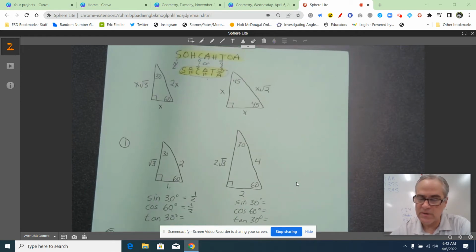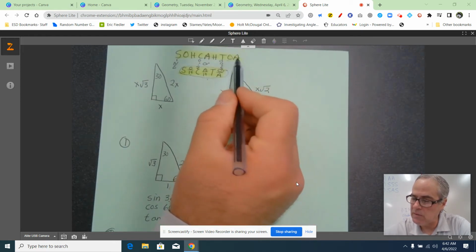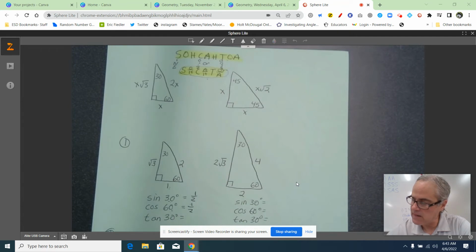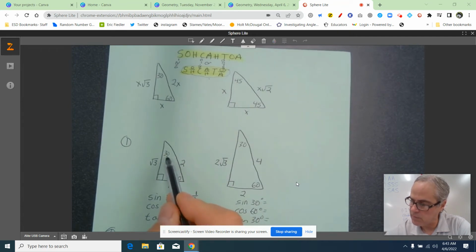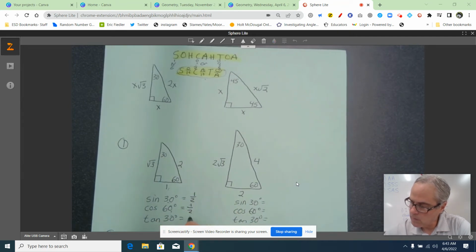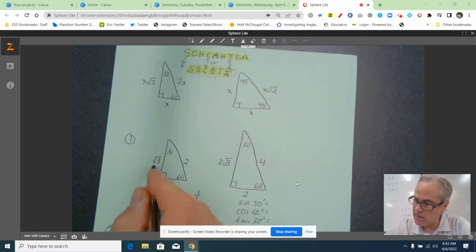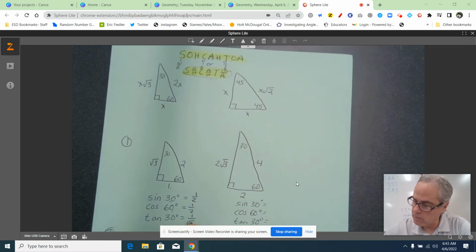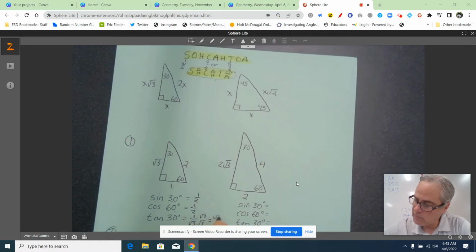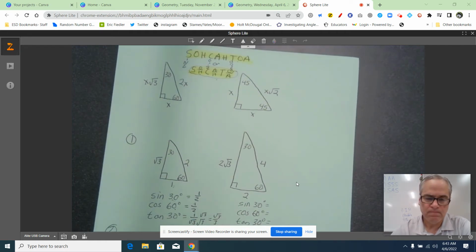The tangent of 30 is the opposite side over the adjacent. What's opposite 30? That would be 1. What's adjacent? It's not the hypotenuse, so it's got to be this one. So 1 over root 3, and if I simplify that, I get square root 3 over 3.